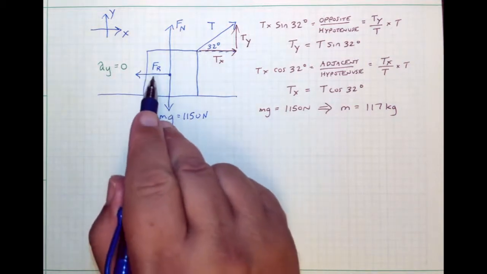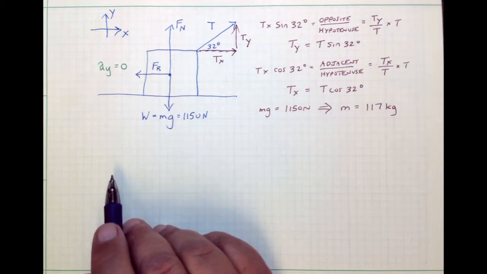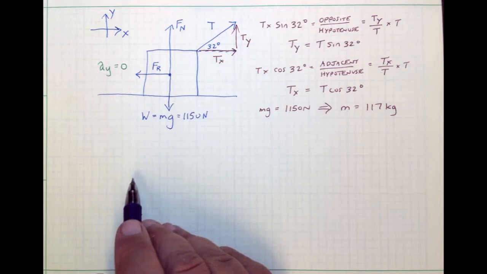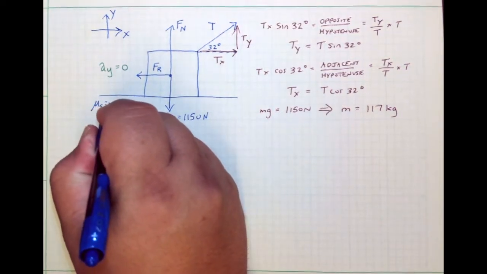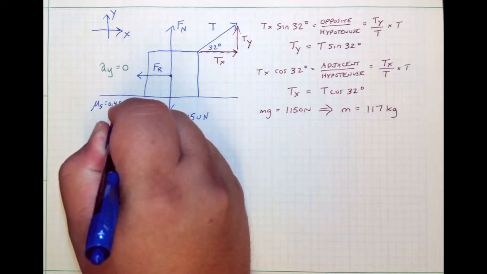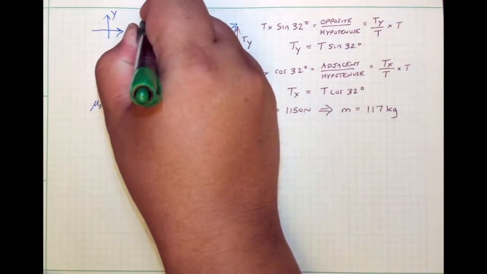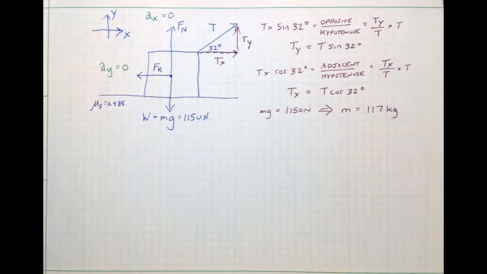Only this time, because of the friction force, because we now have a coefficient of static friction acting on the crate of 0.485, now the crate's not moving. We say, therefore, that now the acceleration in the x direction is going to be 0 because the crate is not moving.